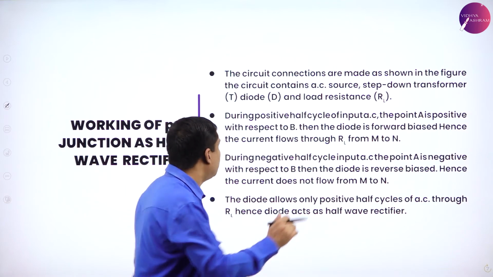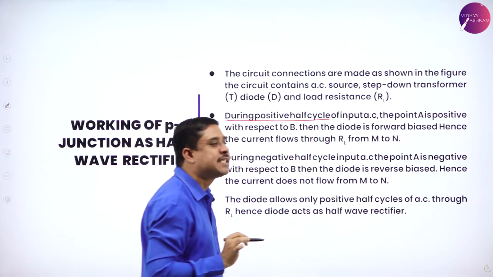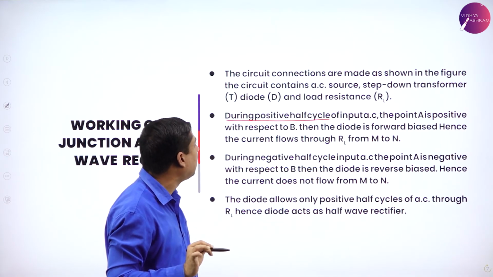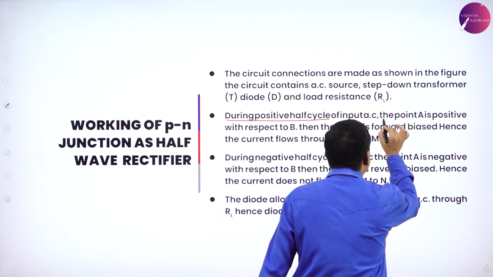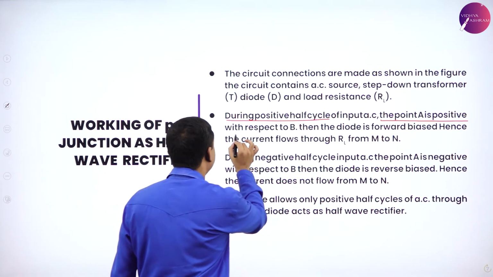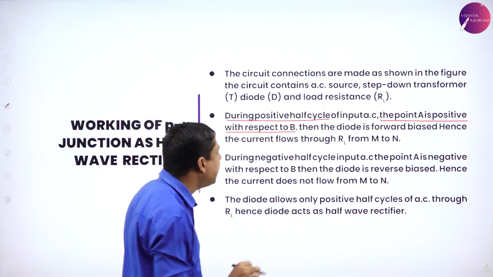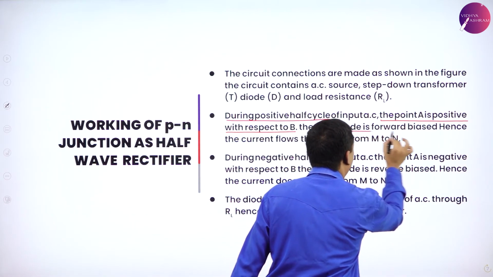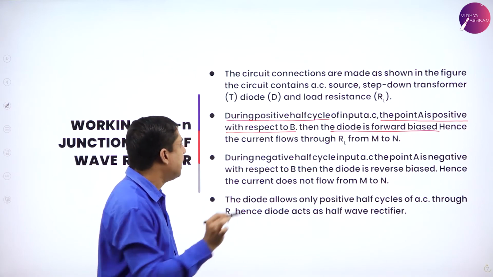Now, during the positive half cycle of the input, the point A is positive with respect to B, and hence the diode is said to be forward biased.